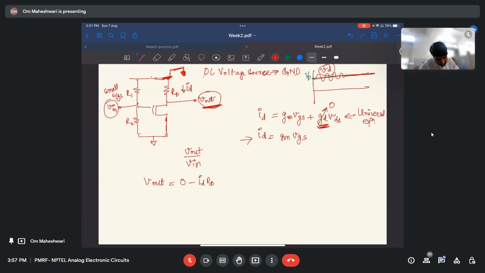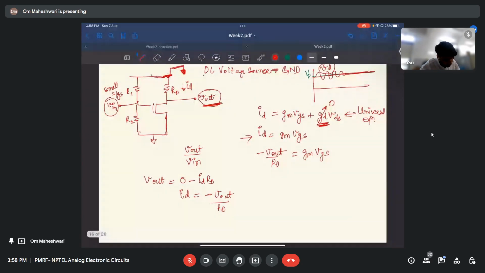So if I substitute this, ID equals minus V out by RD. Minus V out by RD equals GM VGS. So V out by V in equals minus GM RD.